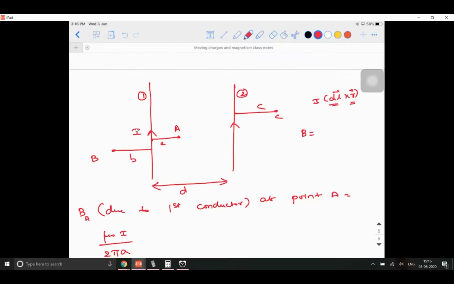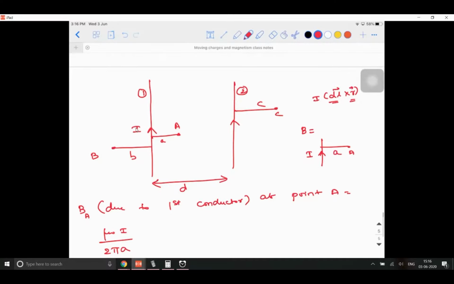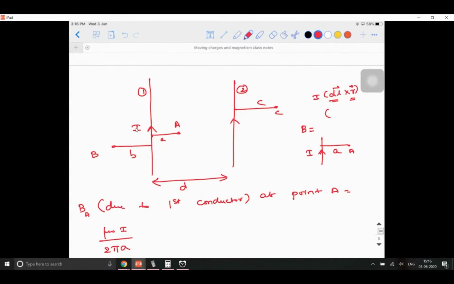So if that is the case, the first current carrying conductor is like this, the point A is like this, so this distance is going to be A. So what should I write in the place of dl? What is the direction of dl? Yes, it is j cap.